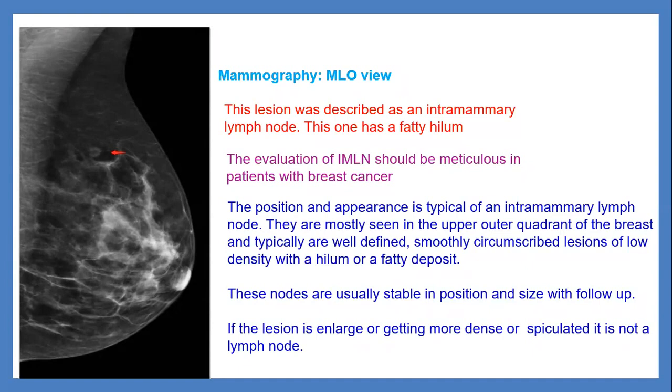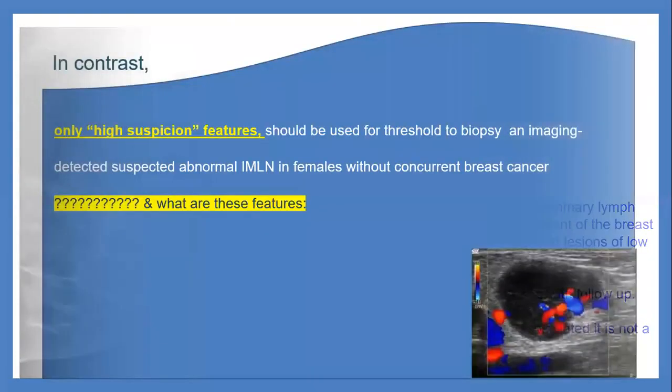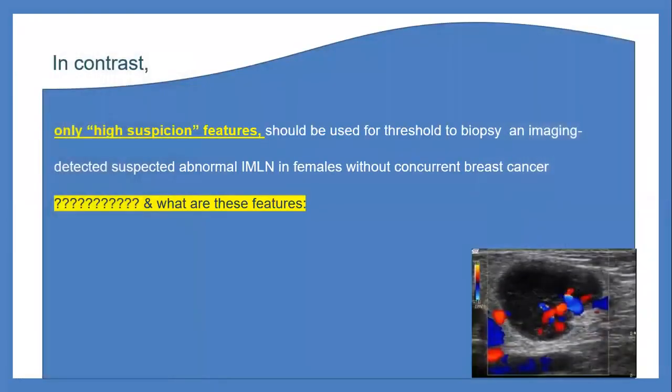if I have seen it slightly larger on interval, then I will consider it in a patient with breast cancer. However, in contrast, in a patient having no breast cancer, only with highly suspicious features of the lymph node will I raise the possibility of a neoplastic process.